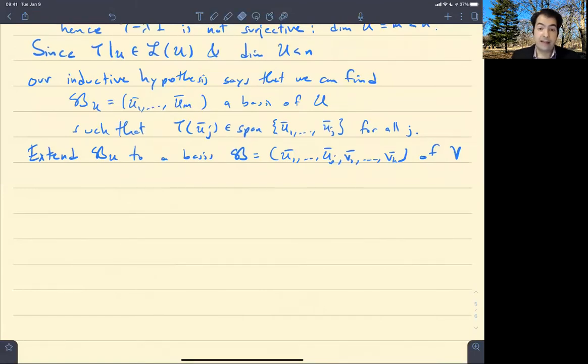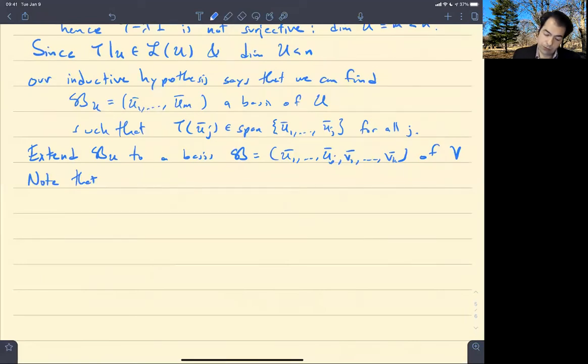So now I claim that this basis works, meaning that the matrix associated to T with respect to this basis is upper triangular. So let's check that. What do I need to check? Well, I need to check this property, but now for this basis. I need to check that when you apply T to the first L of these, the image is contained in the span of the first L of them. Now, I already know that that's true for the u's, so I only need to check for the v's.